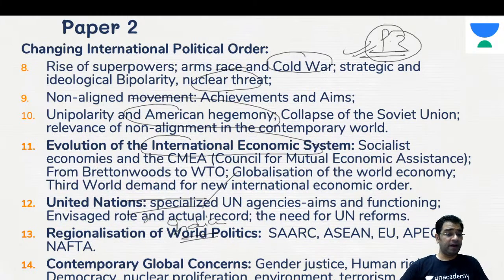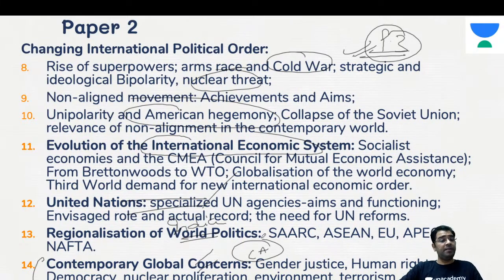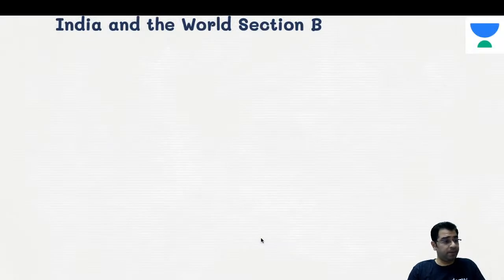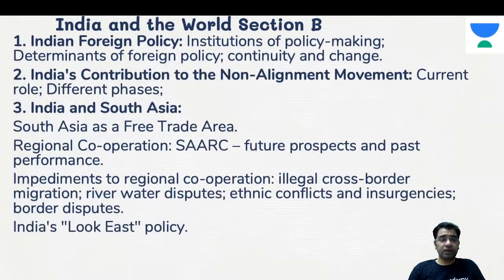This is nothing but current affairs. Either way you will be doing it. Gender justice, human rights, democracy, nuclear proliferation, environment, terrorism, nothing but current affairs. You will be doing it in your day-to-day GS paper. Then comes section B of paper 2, pure IR, which you are already doing in GS paper 2.